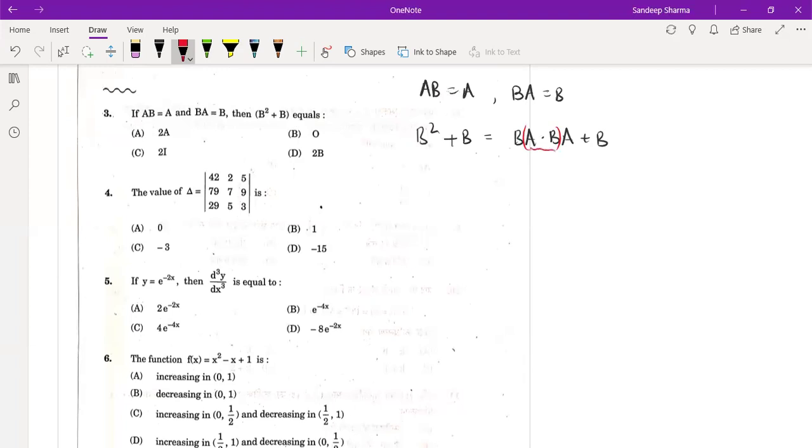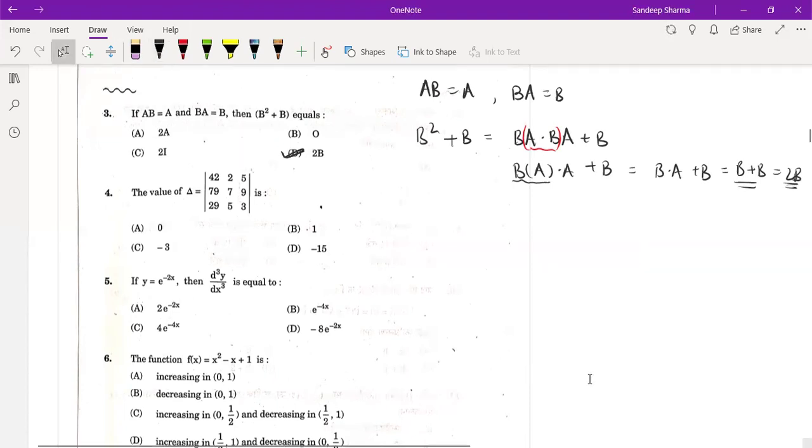So I can clearly take this out. AB is nothing but A. So it will become B multiplied by A plus B. So again BA is nothing but B, and so B plus B, that is 2B. So option will be D option.